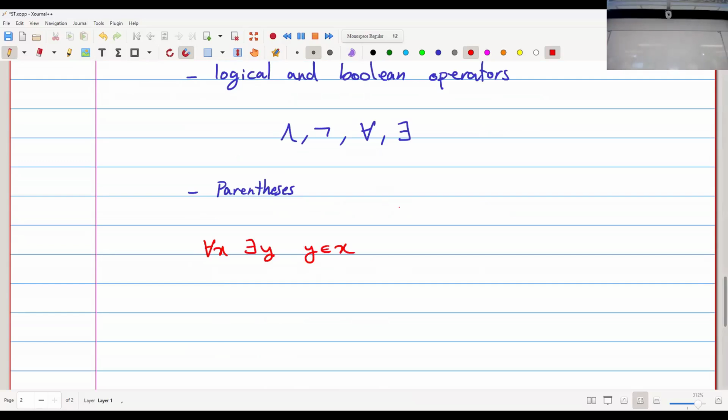But whenever I have quantification, for example, whenever I say for every X, that means for every set X. So my quantification is always over sets. Okay. And whenever I say there exists Y, that also means there exists a set Y. And everything I have here are just sets.